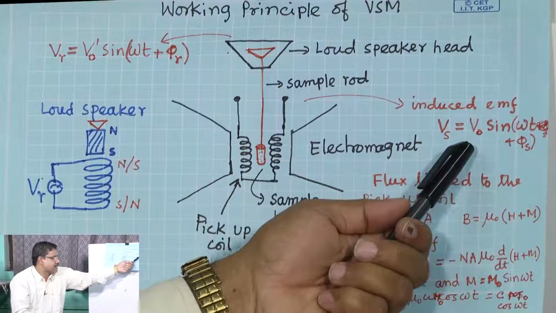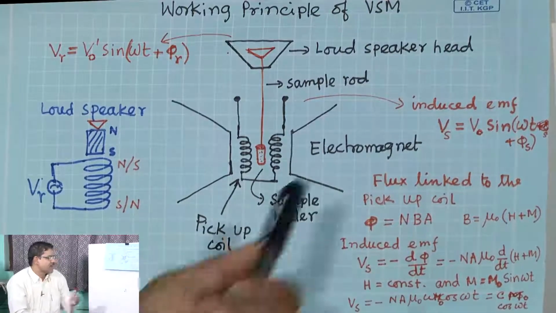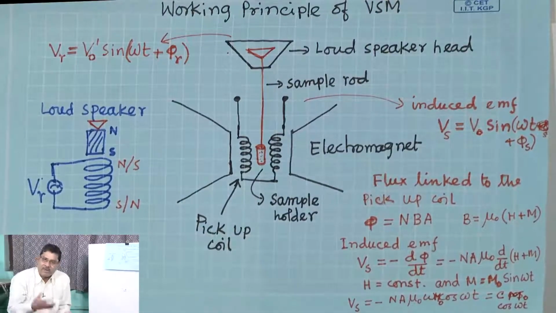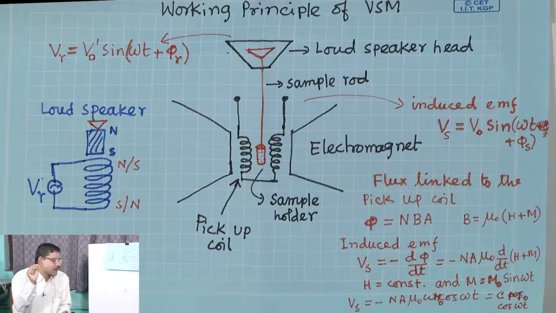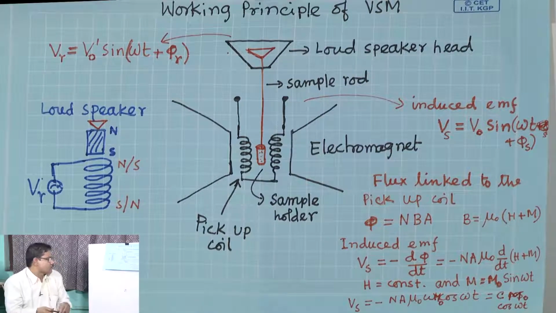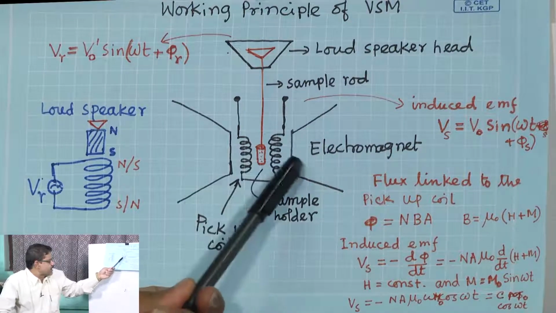So by measuring this signal, the induced EMF, we can find out the magnetization. They are related, magnetization and the voltage. Here you can see this, we call the pickup coil.